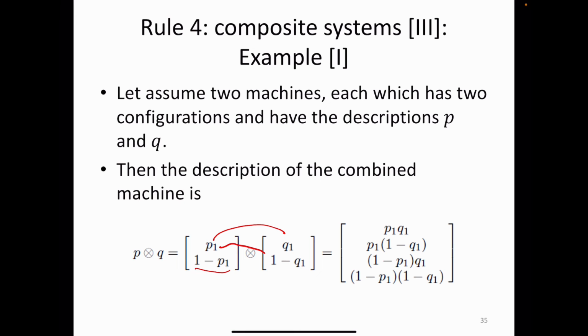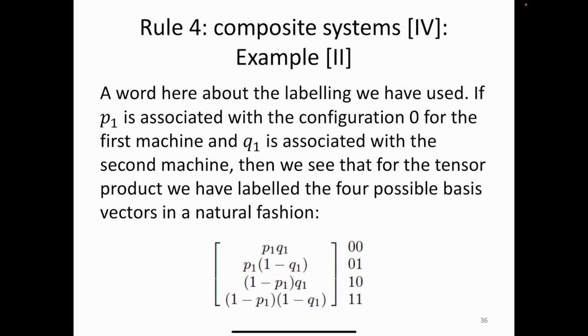So this is the executed tensor product here, and it gives you the description of the combined system. For the basis states, this probability p sub 1, q sub 1 is associated with the state 0, 0. The second one is associated with 0, 1, and so on.